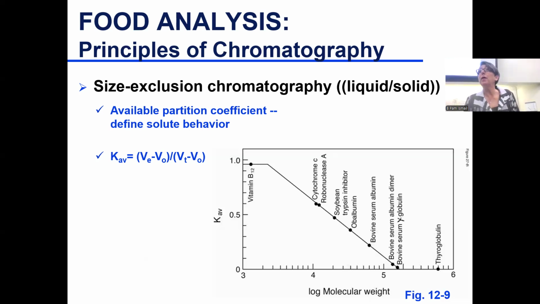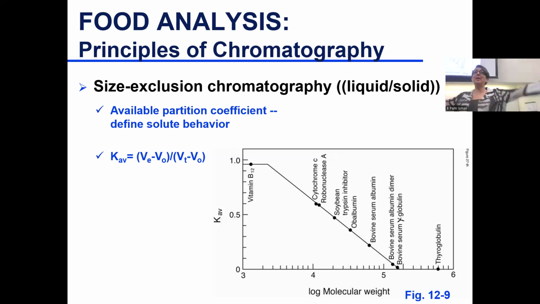Any questions about that? Yes. Like scale. Relative scale of the operation. You can have analytical scale, like columns that are small and you just use them to determine molecular weight of your component. But then you can also have columns as tall as this ceiling, and you can use them to purify samples and collect samples.